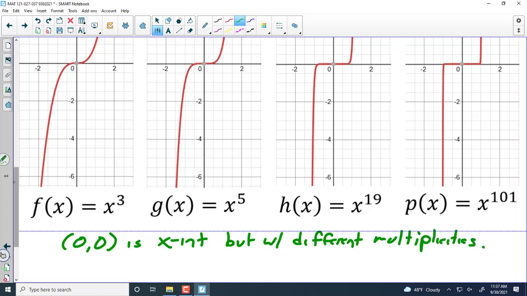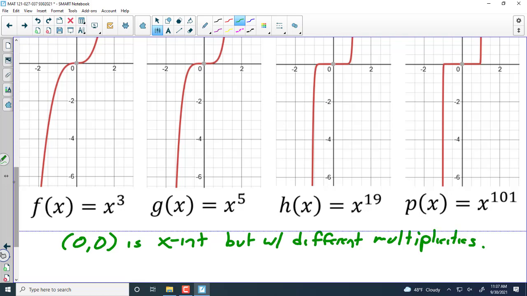So what's happening? The higher the multiplicity, the more flattening you see, until it almost just looks like a pair of straight lines. But it is still curving there. It's still doing a wiggle or a cross and flat, whatever you want to call it. But it just gets more and more severe as your multiplicity goes up.